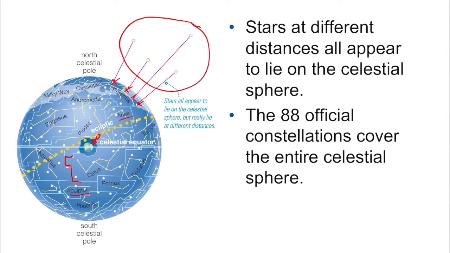Now, the celestial sphere is going to be a projection of Earth, treating Earth like a perfect sphere. So if you get into the exact math of it, then yeah, maybe it's not a perfect sphere. But the reason I say it's a projection is because the celestial sphere has some characteristics that are just taken from Earth. It has a North Pole, it has a South Pole, and it has an equator.